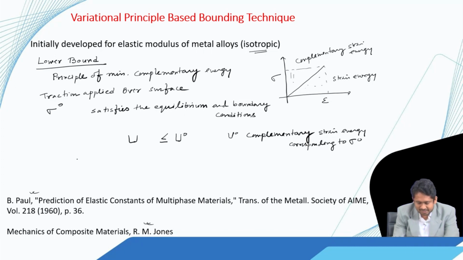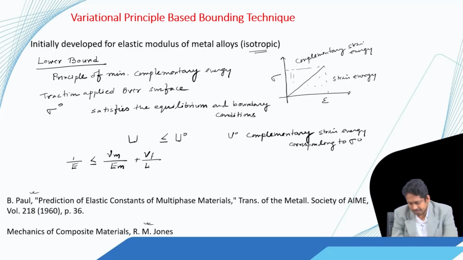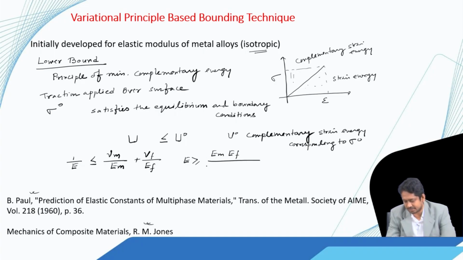With that, the bound that we get is 1 by E less than or equal to V m by E m plus V f by E f. So, that gives a lower bound. If we solve this inequality, then the lower bound that we get is given by this.